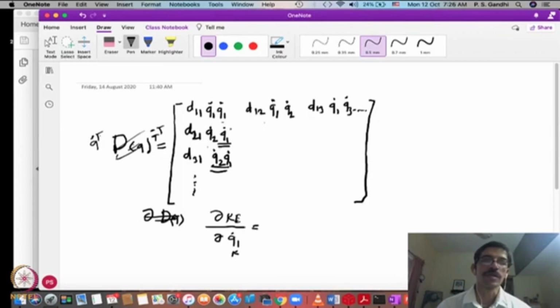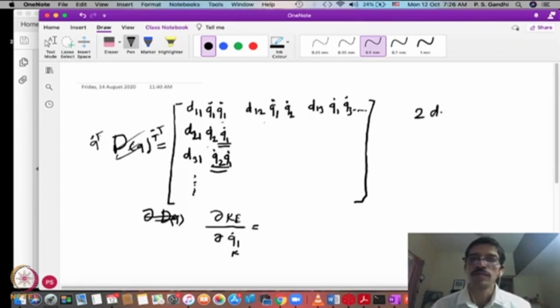They are not non-diagonal terms, and this is a diagonal term. If you see this derivative with respect to q1 dot, it will be 2 times d11 q1 dot.